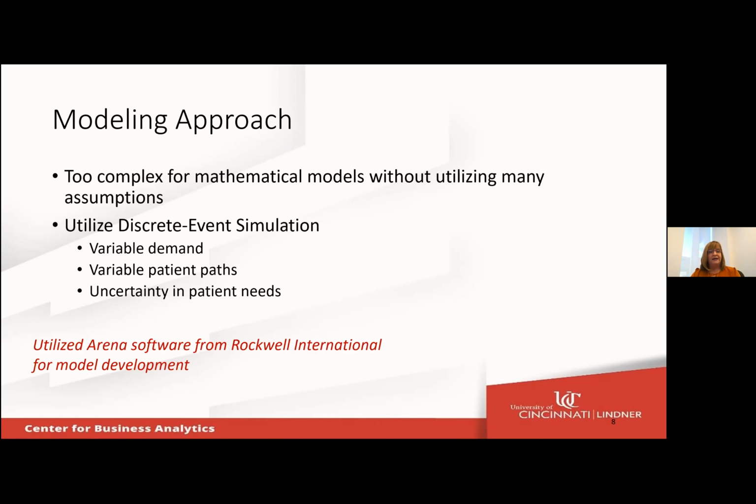So we decided that we would use discrete event simulation that would allow us to vary the demand, vary the patient paths, vary the uncertainty in patient needs, really capture the system. And we utilized Arena software from Rockwell International for our model development. So we developed a discrete event simulation model that would be used to model our hospital.